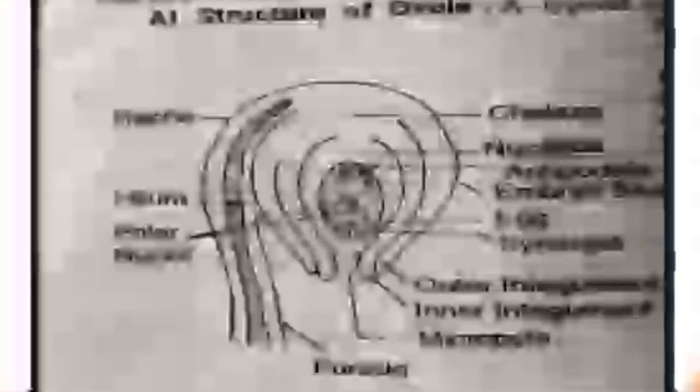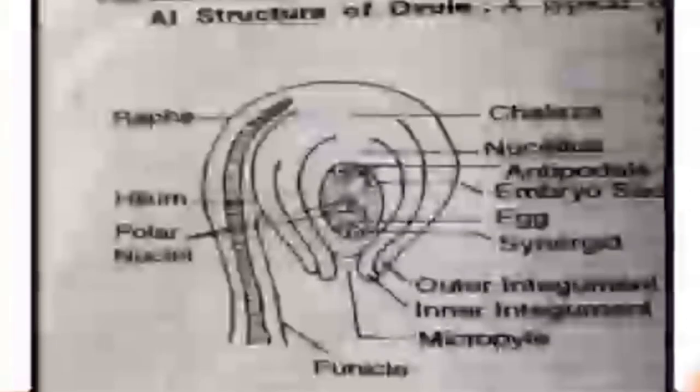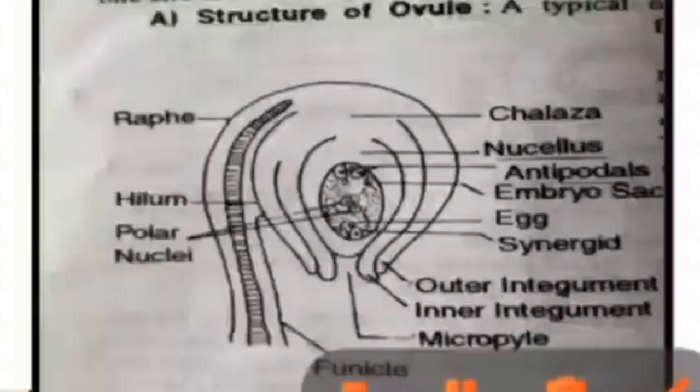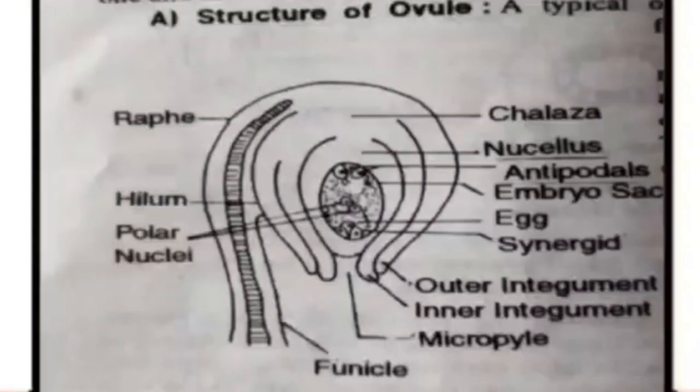Then next is the lowermost opening, that is the micropyle. The integuments leave an opening at the apex of the ovule, and this opening is known as the micropyle.